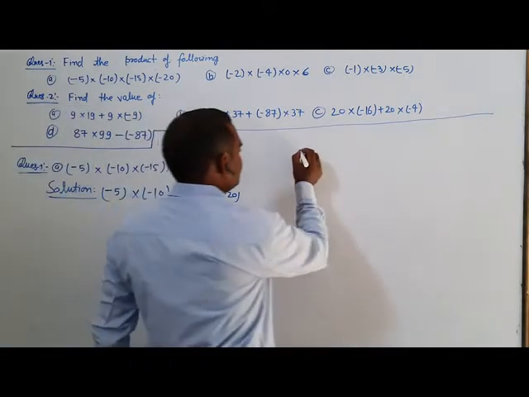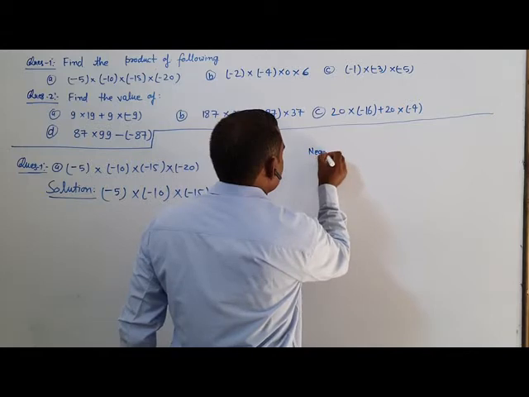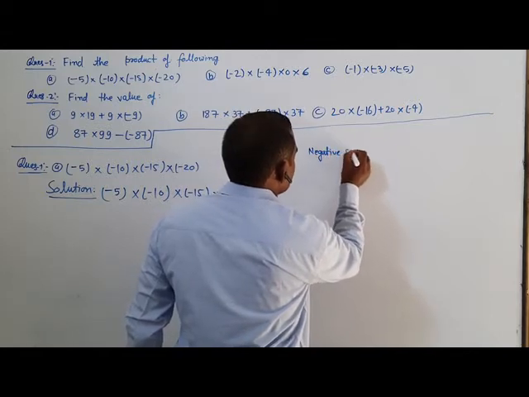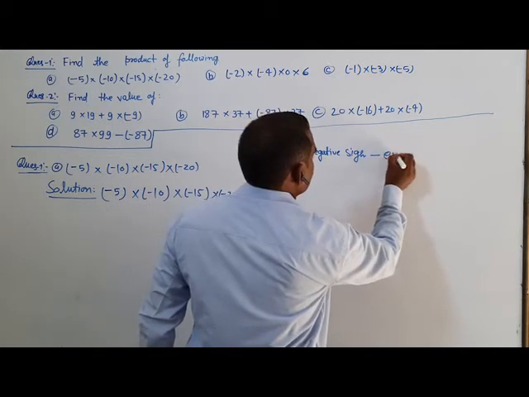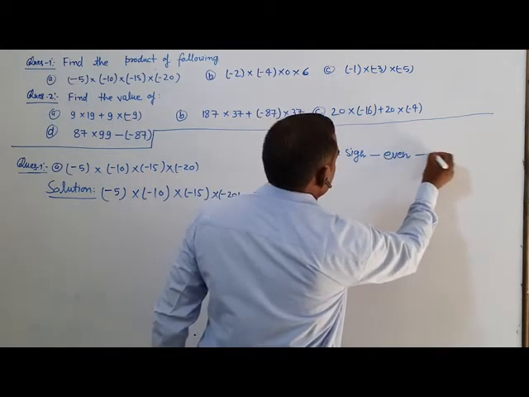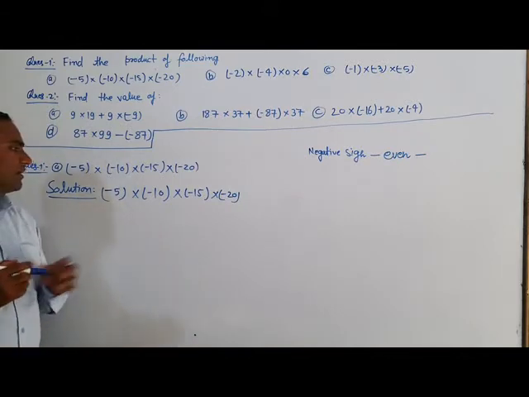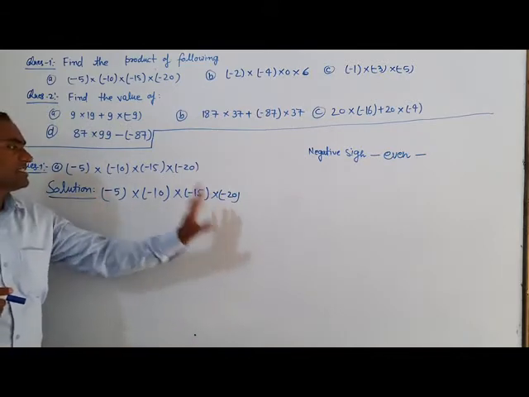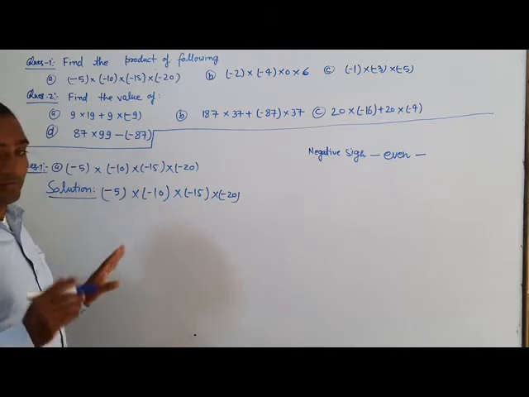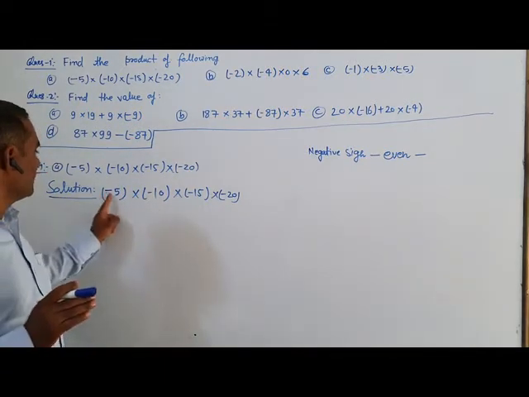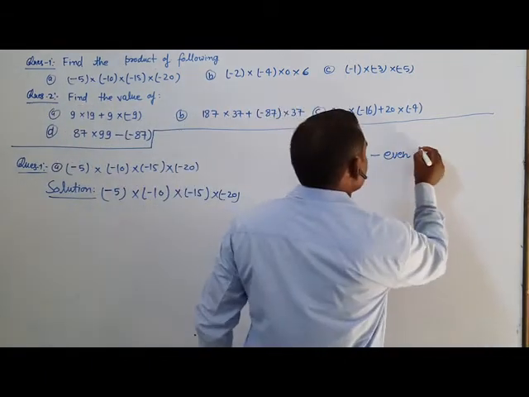So if in multiplication the number of negative signs is even. Here minus sign 1 2 3 4. 4 means even.